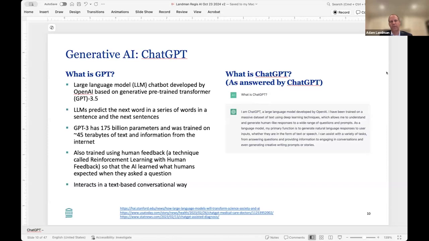But some of the things that make the large language model so powerful and have the impact that it does is that it is trained on a massive data set. It is trained on 45 terabytes of data, essentially the whole public internet of information. And the model has 175 billion parameters in it.